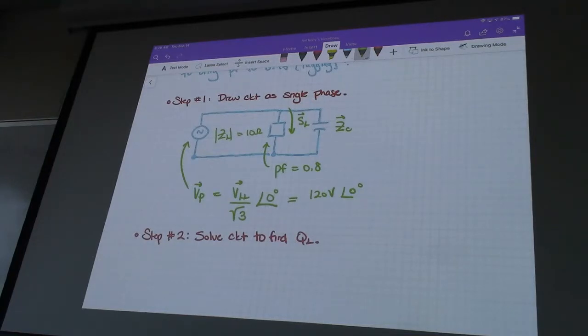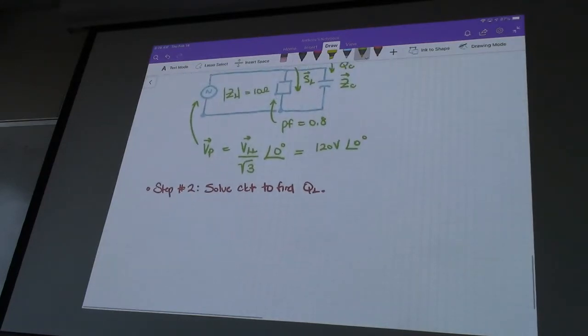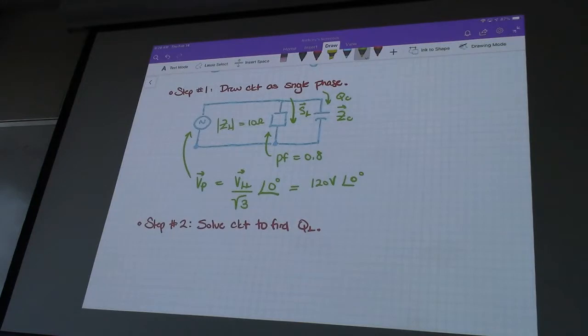We can say right here that this value we'll call SC. Or, really, more accurately, we know there's not going to be a real component, so we can call it QC. Okay, so let's find QL. How are we going to do that?